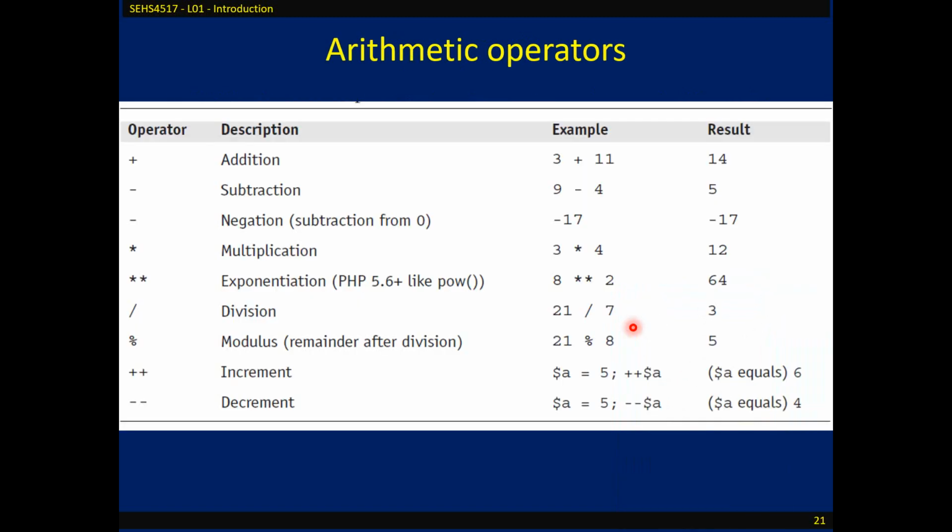Now slide 21 is a list of the arithmetic operators, and they are pretty obvious. This is very similar to what you have in JavaScript or Java or in many other languages. So I'm not going to go through all the details here, so please read it yourself.